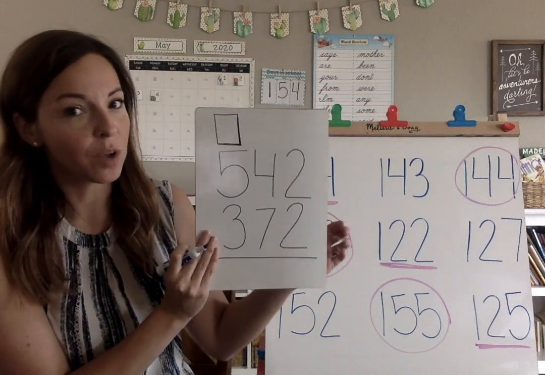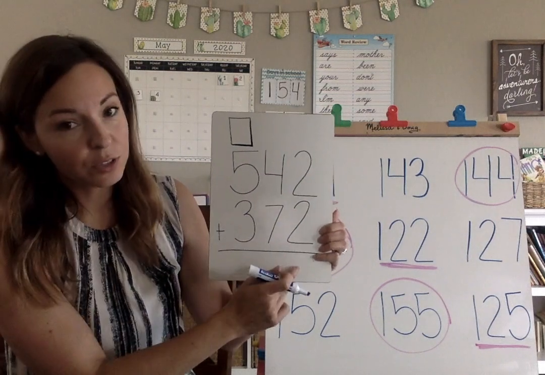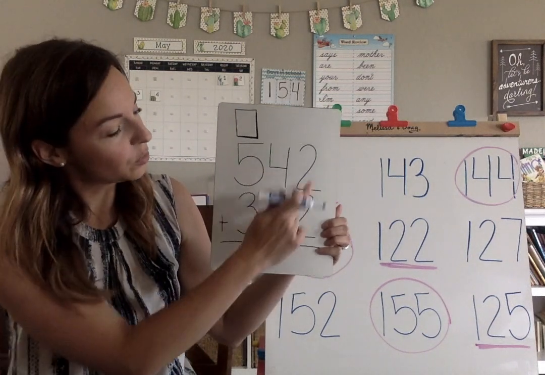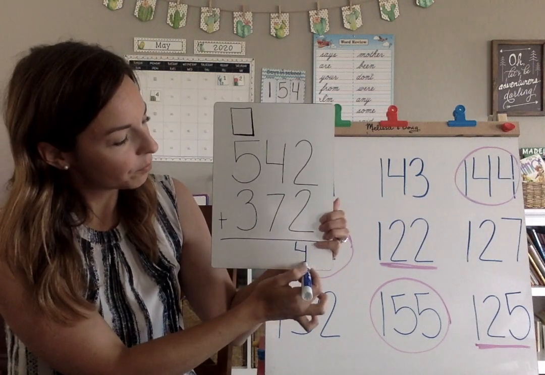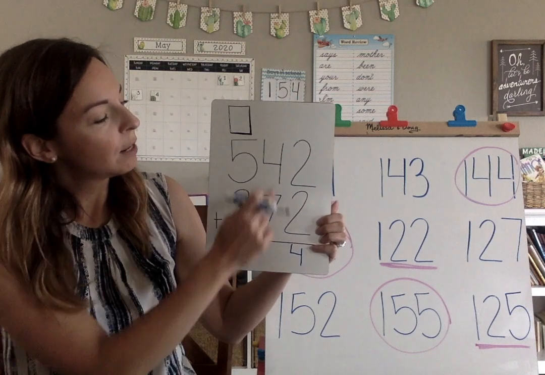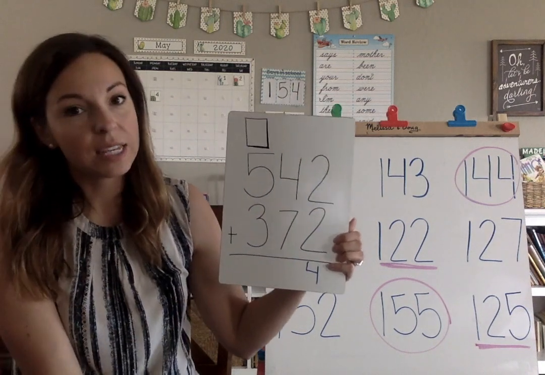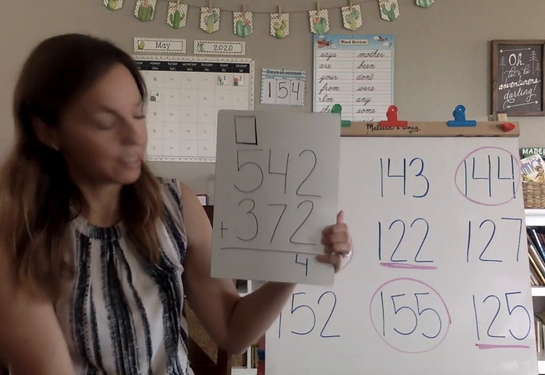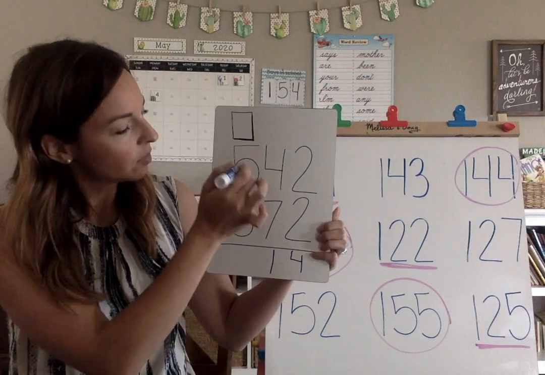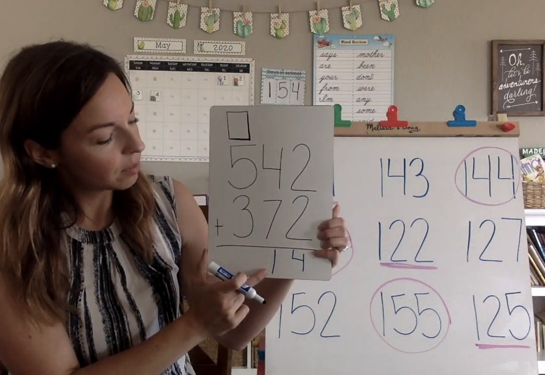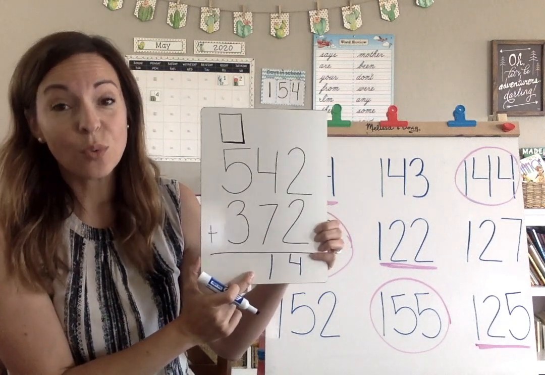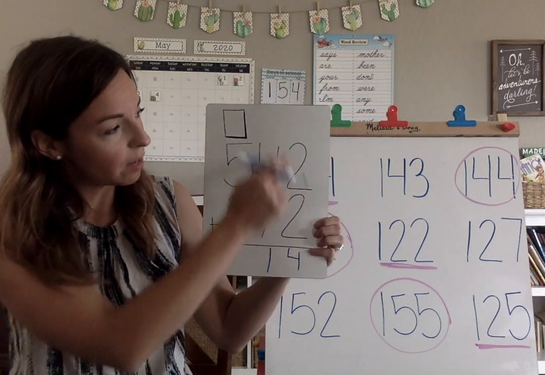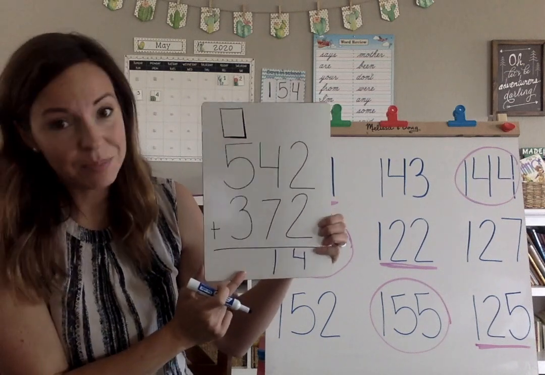So for this one, just watch. We still start over in the ones place like always. So 2 plus 2 equals 4. 4 plus 7 equals 11. So now, can I keep that 11 here in the tens place? No, right? Just like when we have to carry over to the tens place, it's the same exact thing.